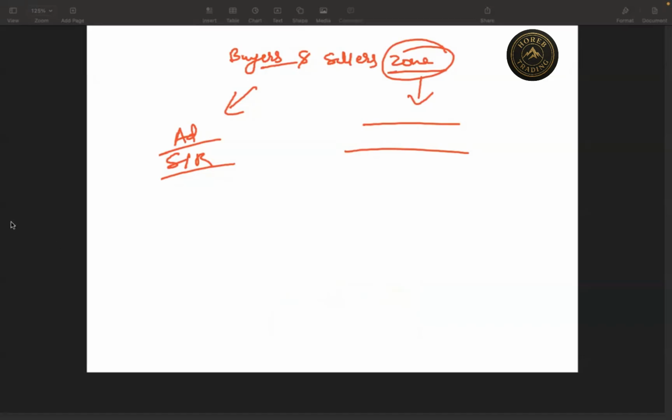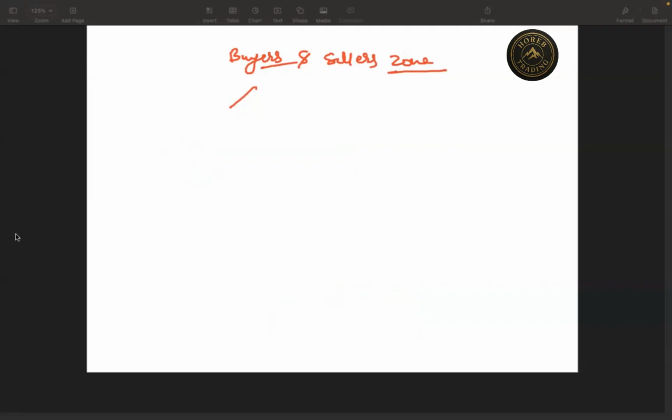Okay, so let's go deep on it. For example, this momentum of seller's candle.